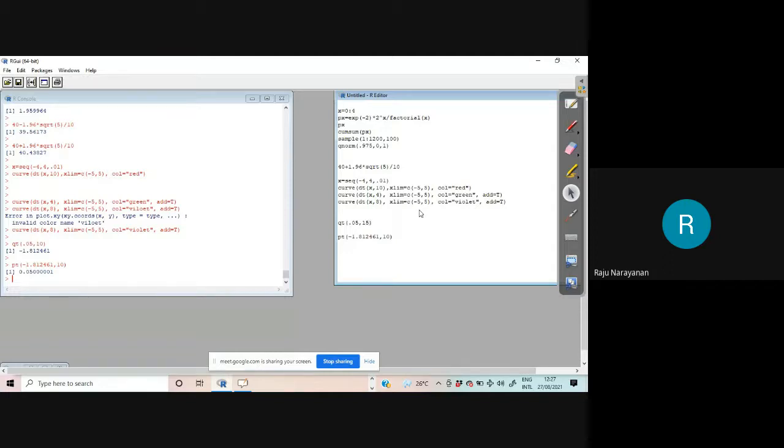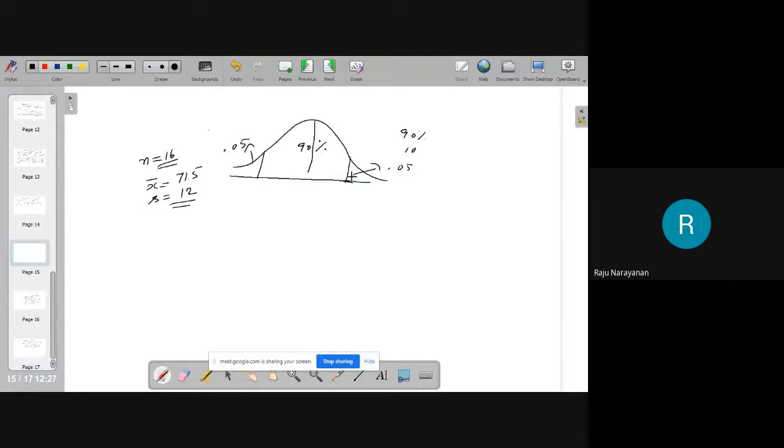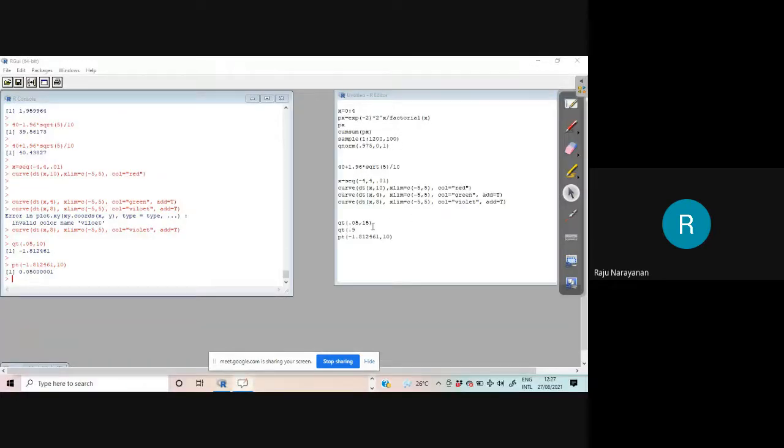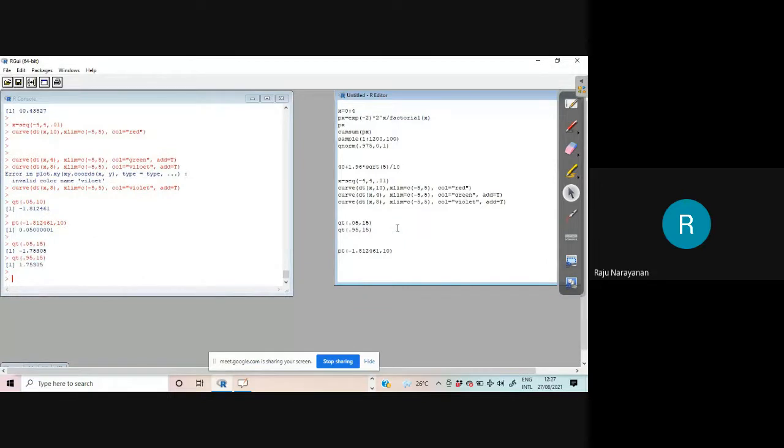Okay, and 0.05, and also you need QT upper level, which is 0.95, with 15 degrees of freedom. These two things you want. You simply get minus 1.75. That is enough for us.